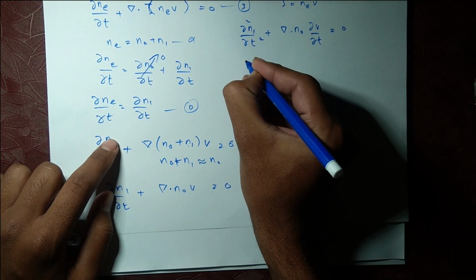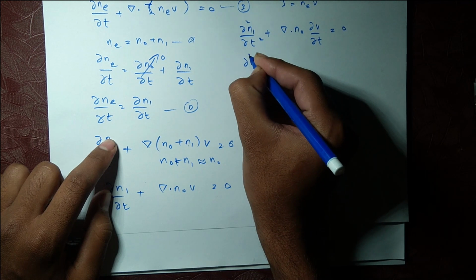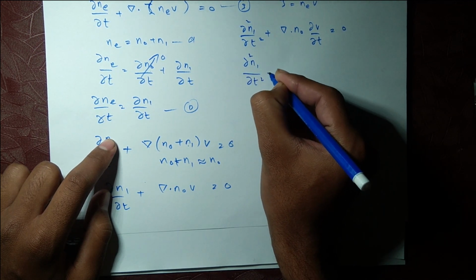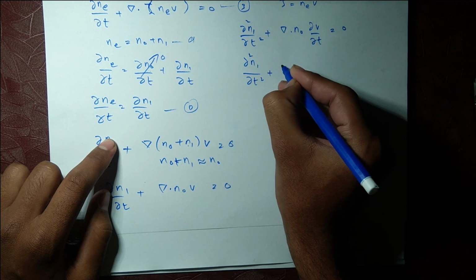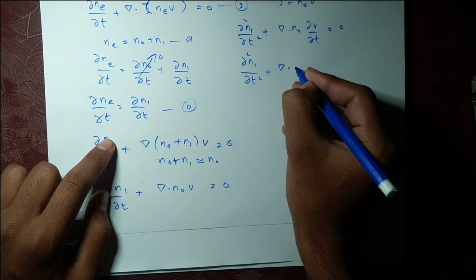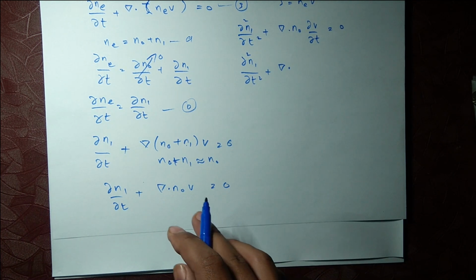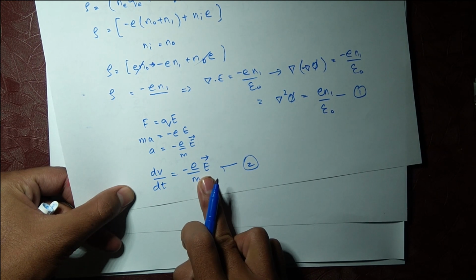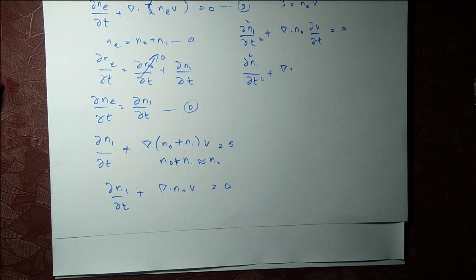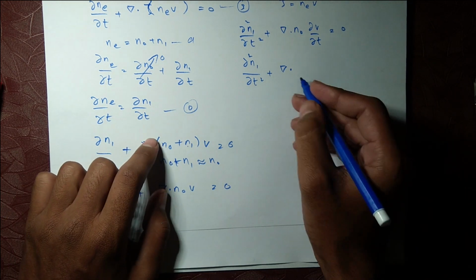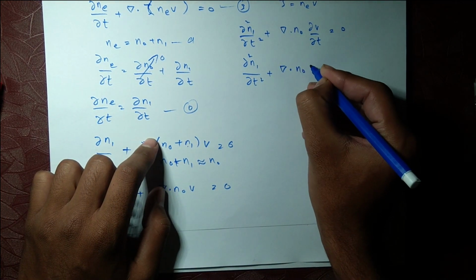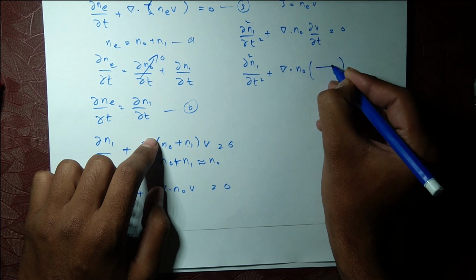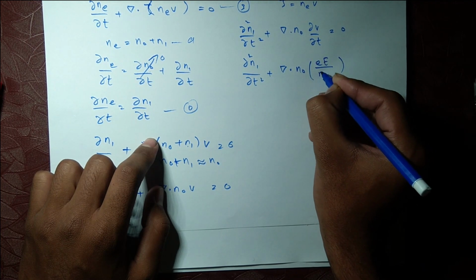Now we have partial square n1 by partial t square plus del dot n naught partial v by partial t, and we already calculated the value of partial v by partial t here: it is equal to minus e over m epsilon naught. This was positive e, and this was a negative e here. So n naught partial v by partial t is equal to e over m.